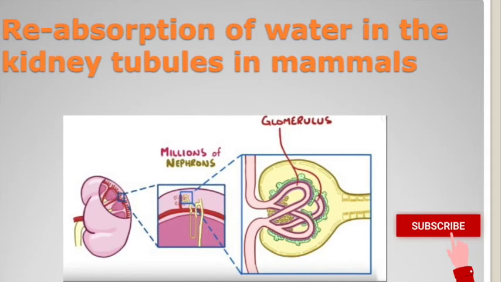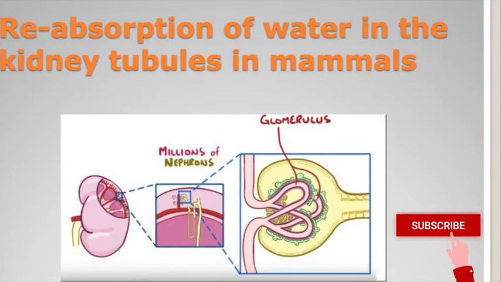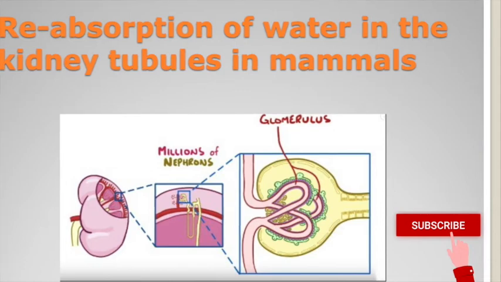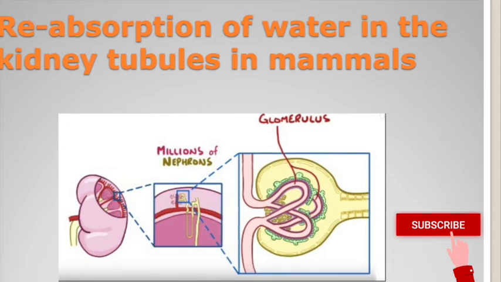Now, the body must assess itself, ensure that it has enough water in it, so it does not allow all that water to go. Those convoluted tubules connect to the ureter and to the bladder. And so in the course of moving, before they get to the ureter, the blood capillaries are surrounding those tubules, and they will reabsorb some of the water back into our system, so as to create some form of what? Balance. Okay, let's go on.